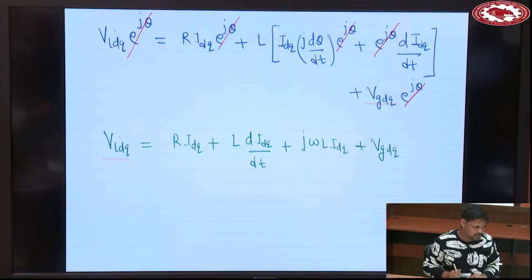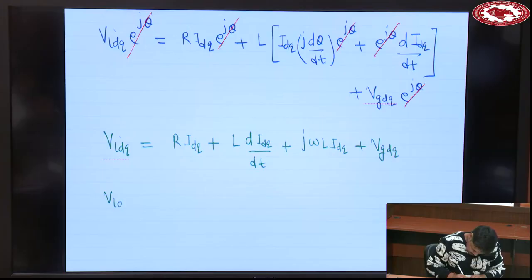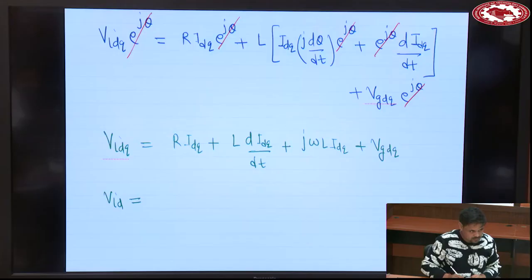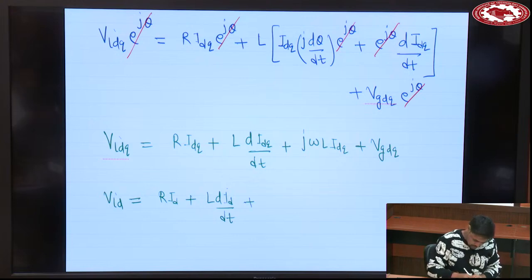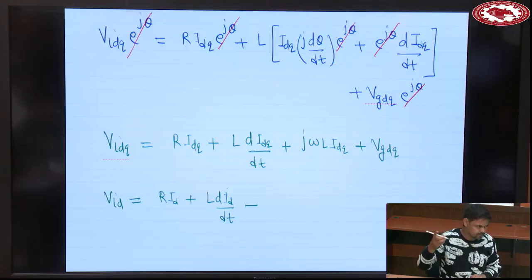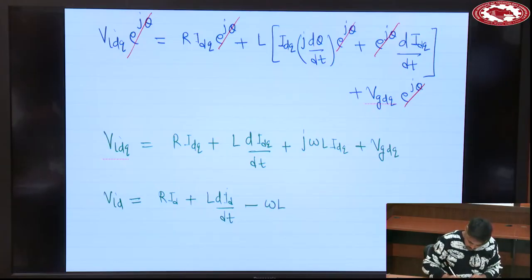Segregate the real part and the imaginary part. So this Vid is equal to R Id plus L d Id by dt plus, minus, because j will be interacting with j Iq, so it is minus omega L Iq plus Vgd.